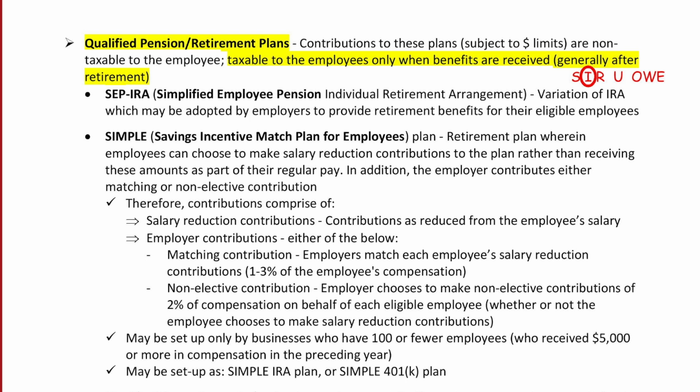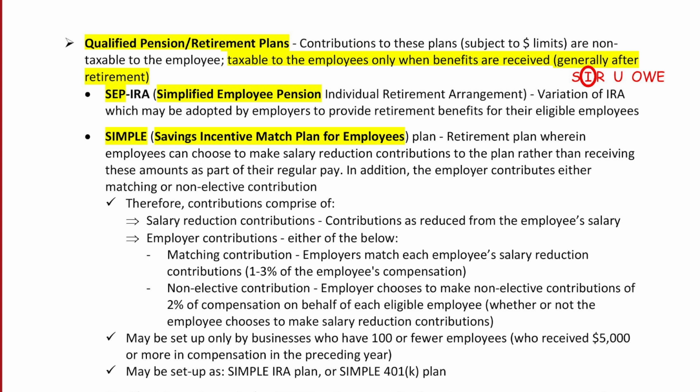Now let's look at various kinds of pension plans. Highlight SEP, which is Simplified Employee Pension. It's a variation of an individual retirement account which may be adopted by employers to provide retirement benefit for eligible employees. Next, highlight Simple, which is Savings Incentive Match Plan for employees.